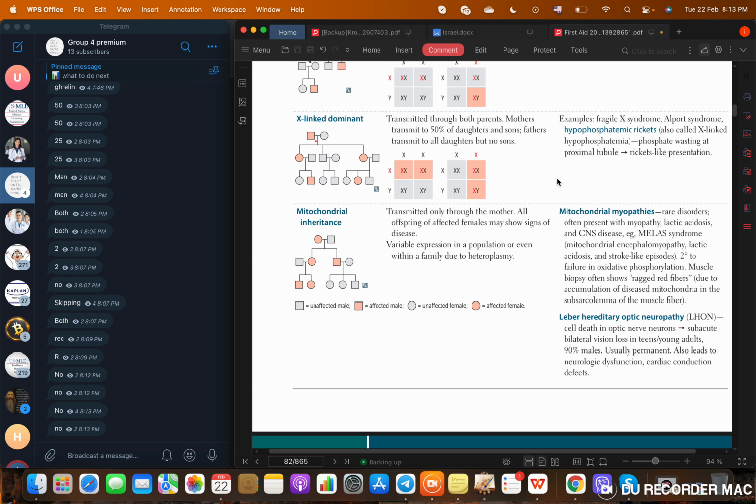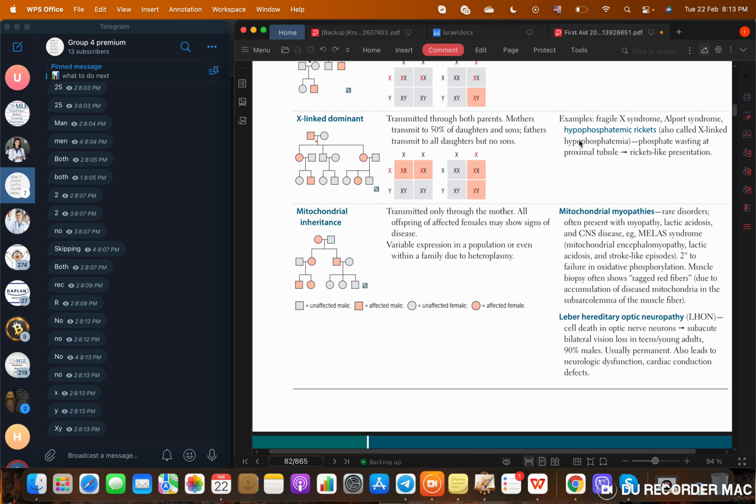Why does the father transmit to all daughters? Because the father has an XY chromosome. Which of these two is the father giving to his daughters? Only X. The father cannot give them Y. Which one is given to the boys? Y. So Y is always healthy.